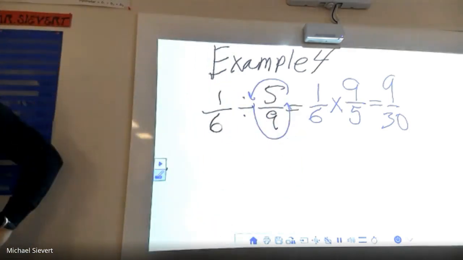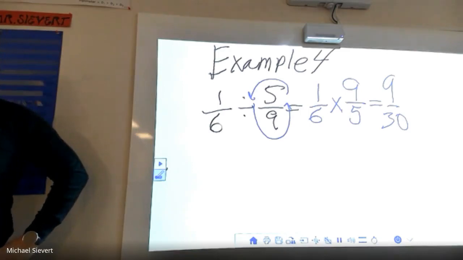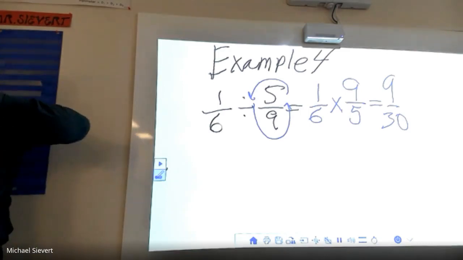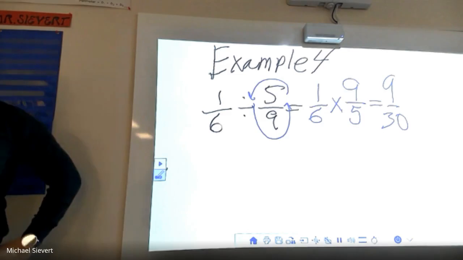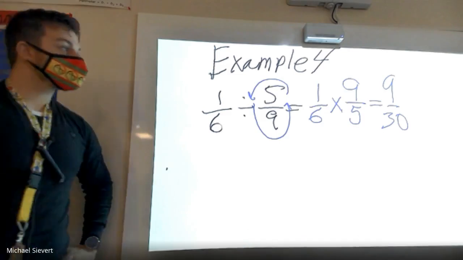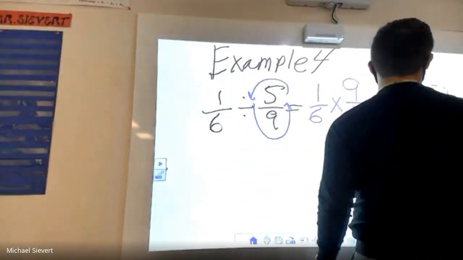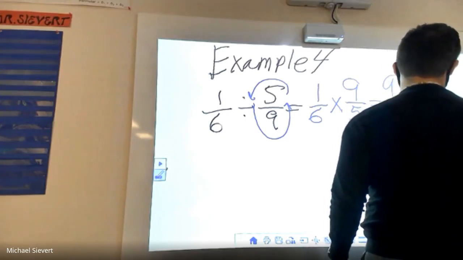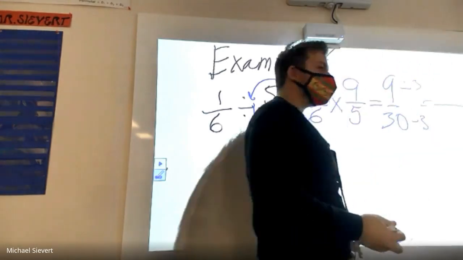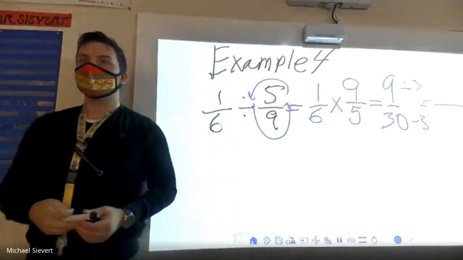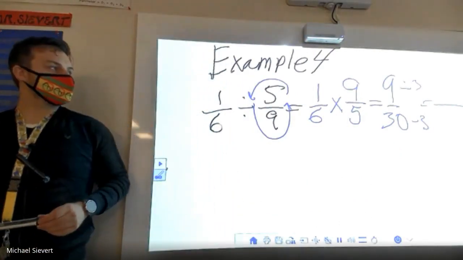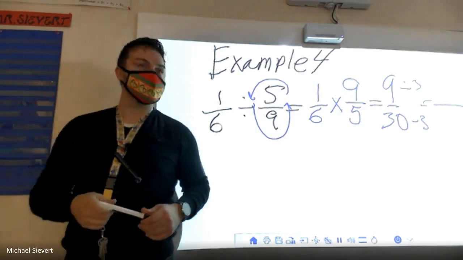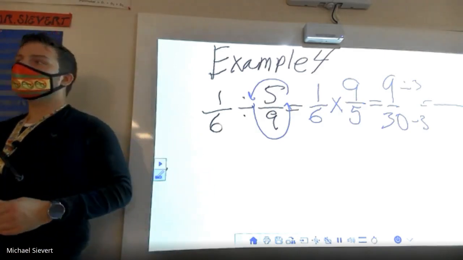Nice looking way to flip it. What would that be reduced to? Braylon, go ahead. You can divide both of the numbers by 3. What's our final answer? 9 divided by 3, 30 divided by 3 will get you the fraction.